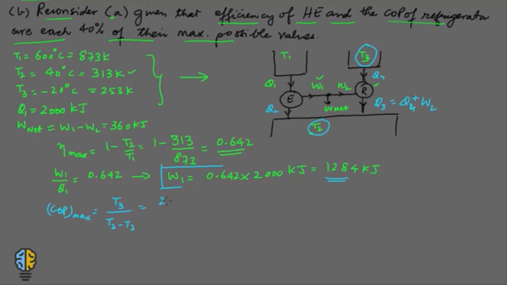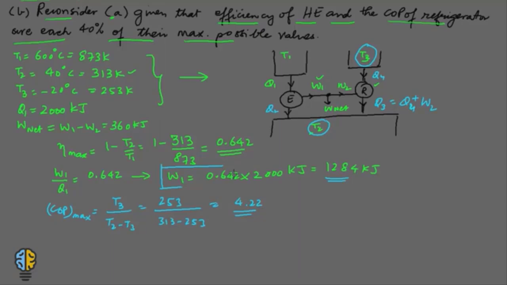So T3 is 253 upon T2 is 313 minus 253. So this is a value which is 4.22. So the coefficient of performance of this refrigerator is 4.22.